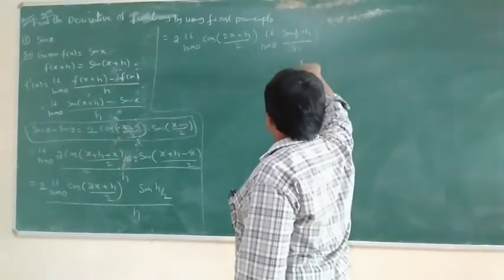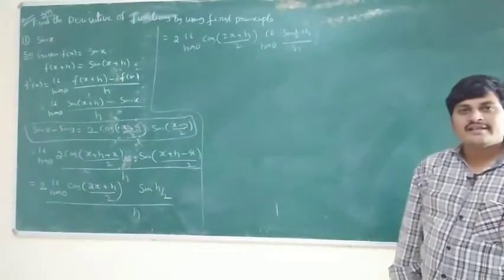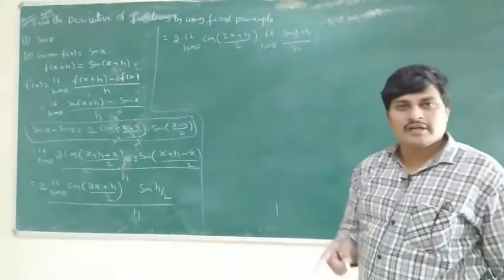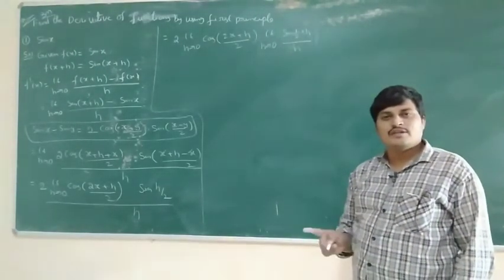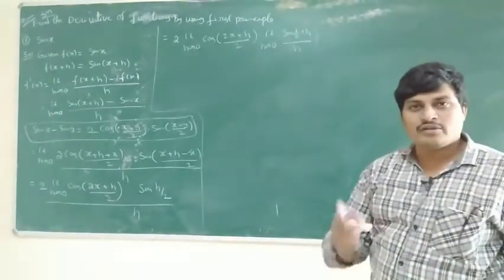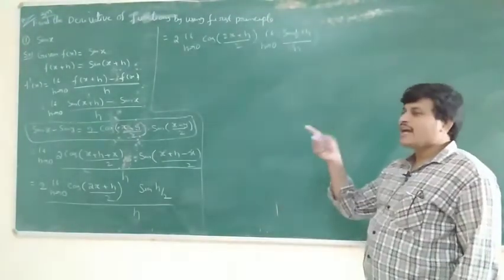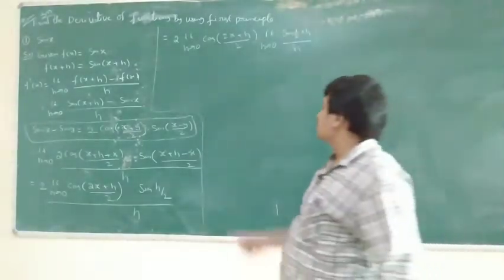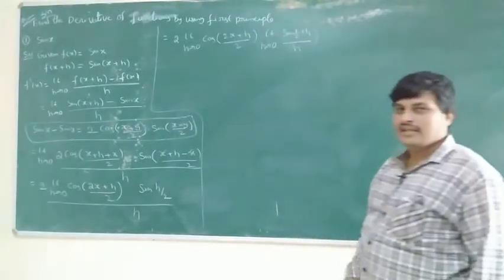Because the limit as x tends to 0 of sin x by x is equal to 1, and the limit as x tends to 0 of sin mx by x is equal to m. That is a formula. There is no formula for cos; only sine and tan have formulas. So that's why the by h is taken under the sine.